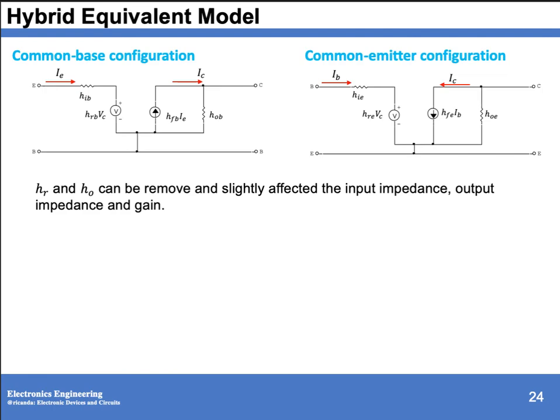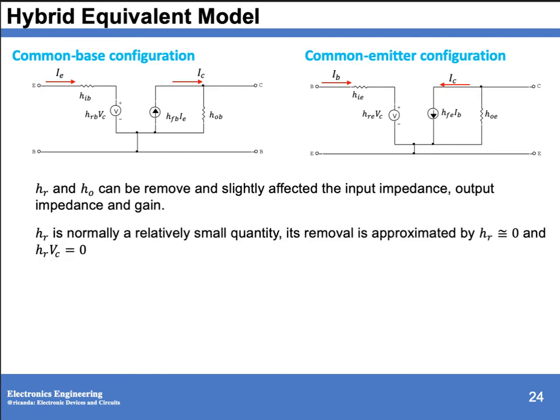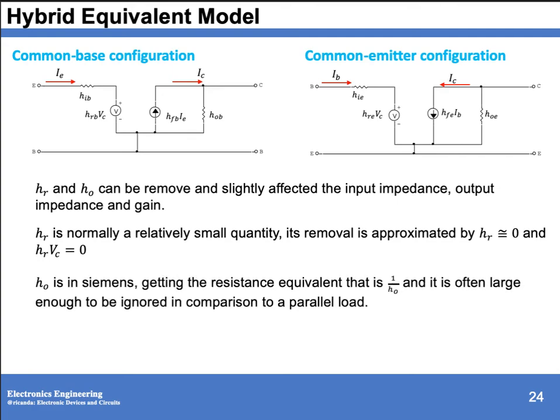Since it only slightly affects the parameters, we can set your HR equivalent to 0. Therefore, HR VCB is equal to 0. Your HO is in Siemens, so the resistance is 1 over HO.